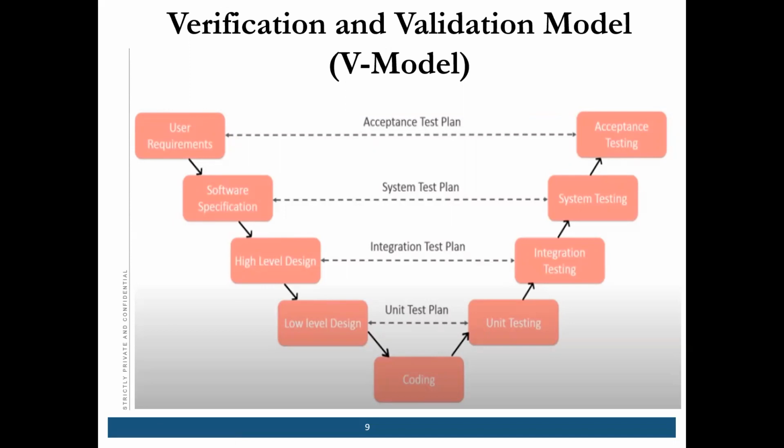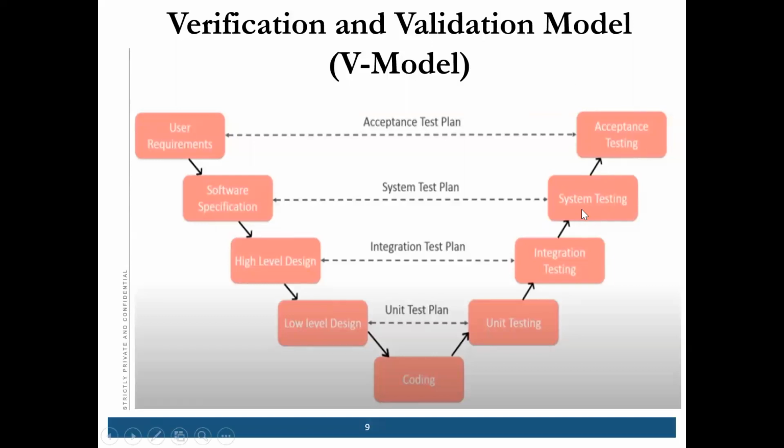Here the team comes up with the modules which will be created based on the software and the hardware needs, correct? The verification activity here includes design review, and validation activities like creation of the system test plan.